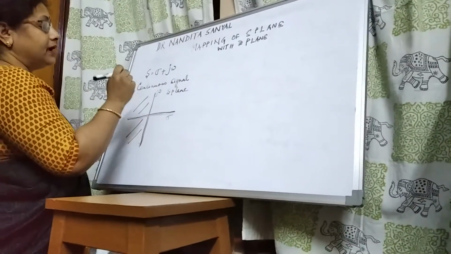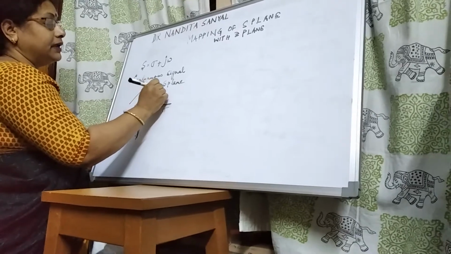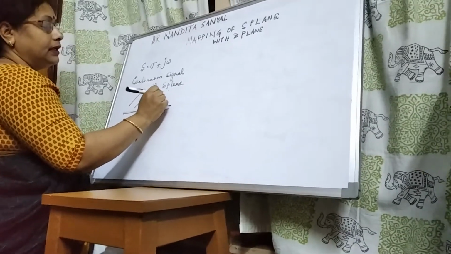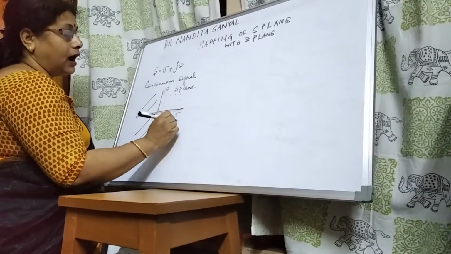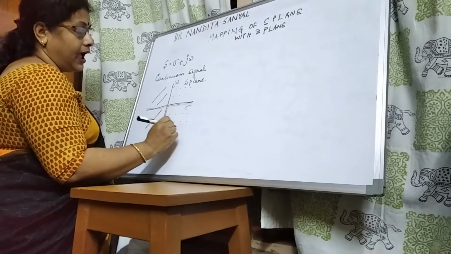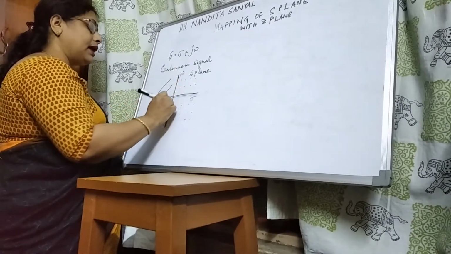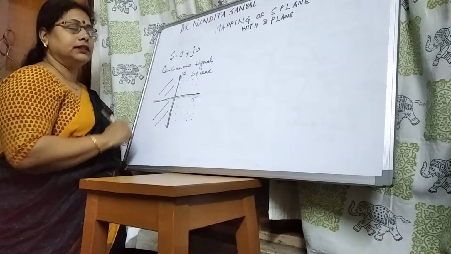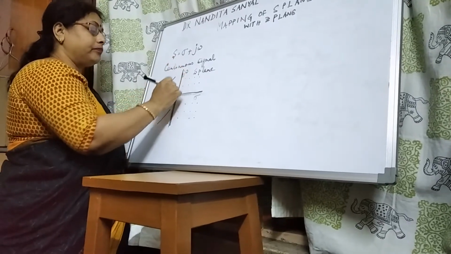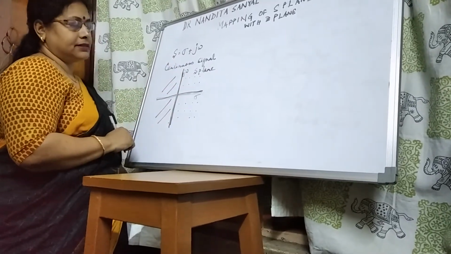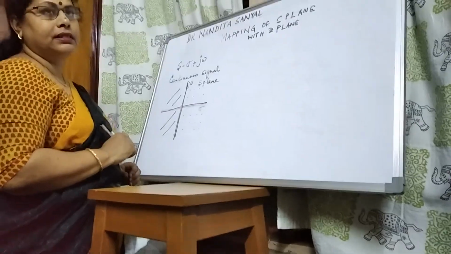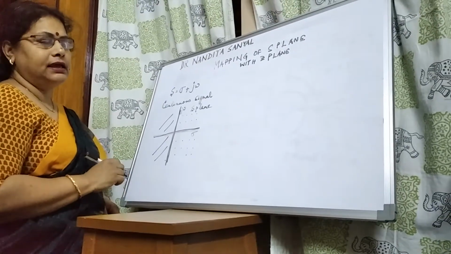If the poles are situated in the right half, the system is unstable. And if the poles are situated on the imaginary axis, then the system is marginally stable.